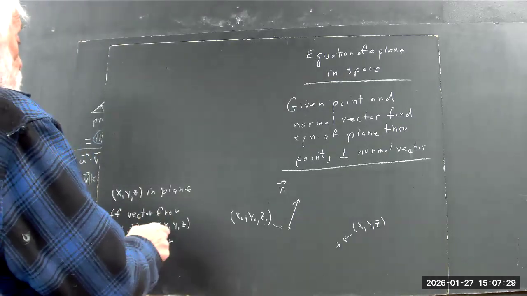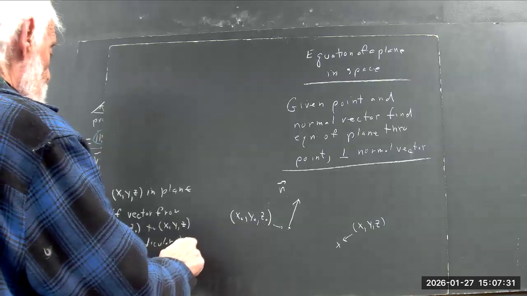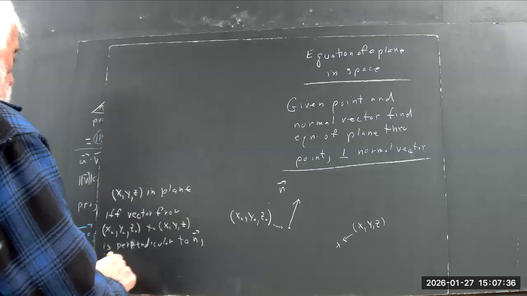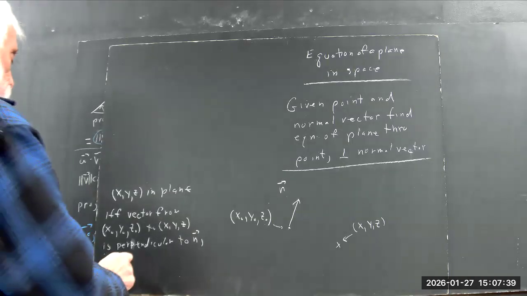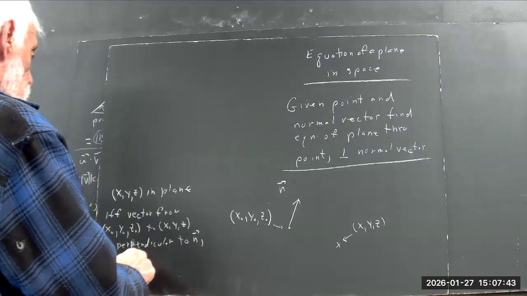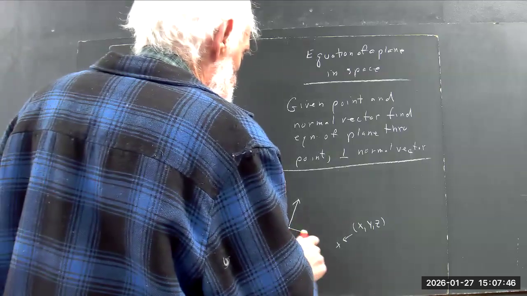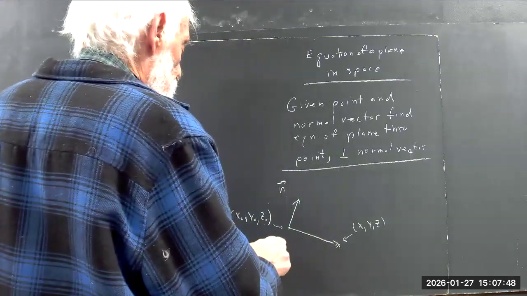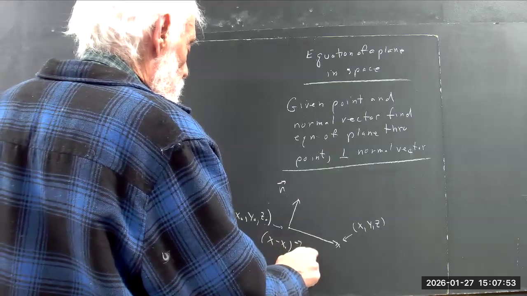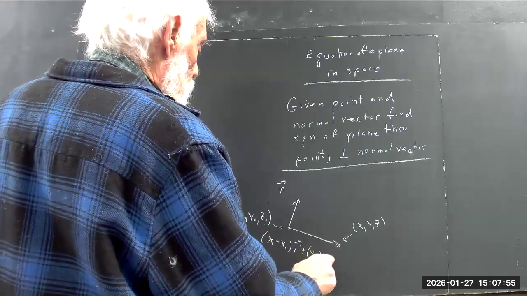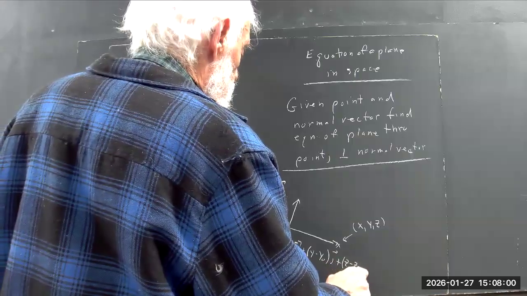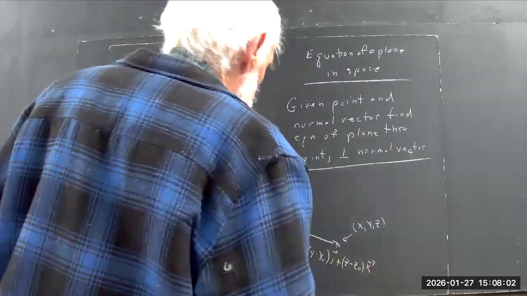Okay, if this vector is perpendicular to N, now that's equivalent to saying, well, the vector from here to here is x minus x naught I plus y minus y naught J plus z minus z naught K.